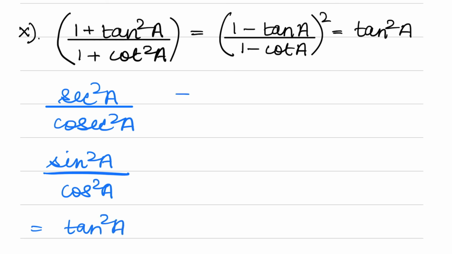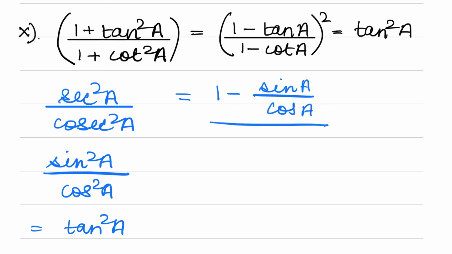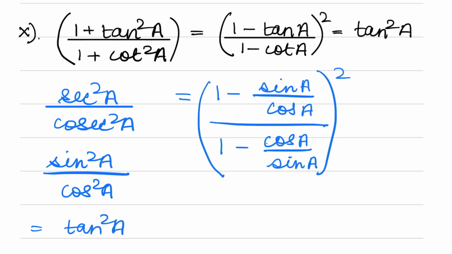Now the second part, I can solve this as 1 minus tan, which I'll convert into sin A by cos A, divided by 1 minus cos A by sin A, and whole square.